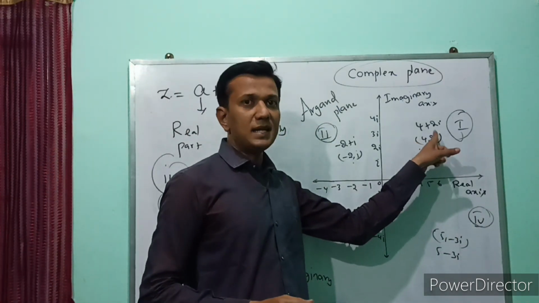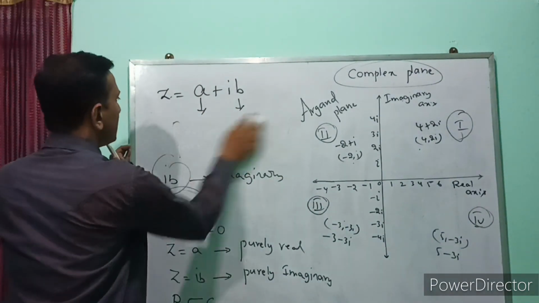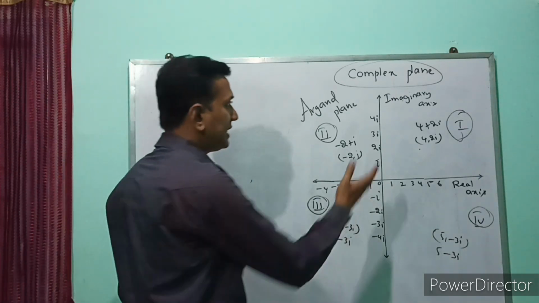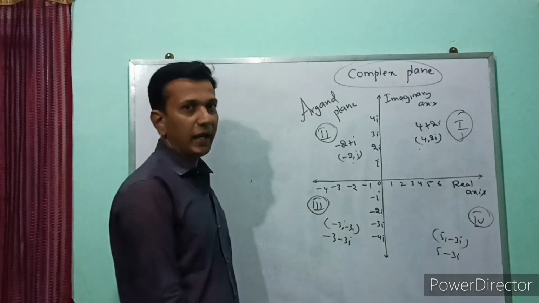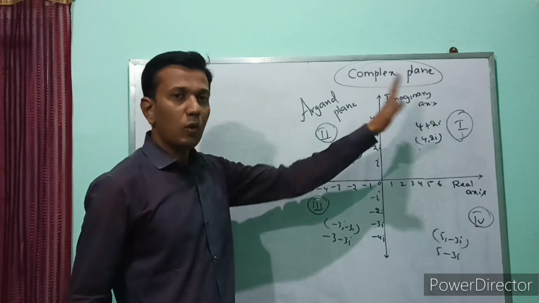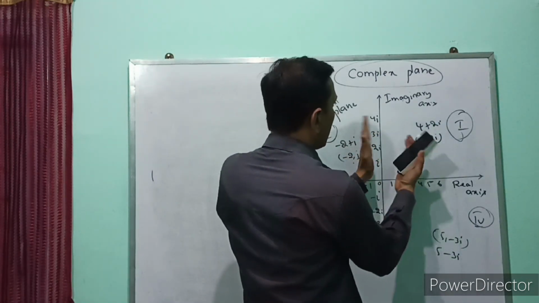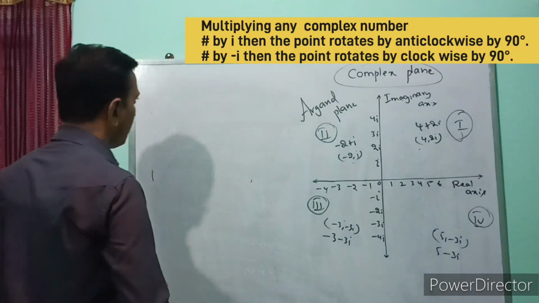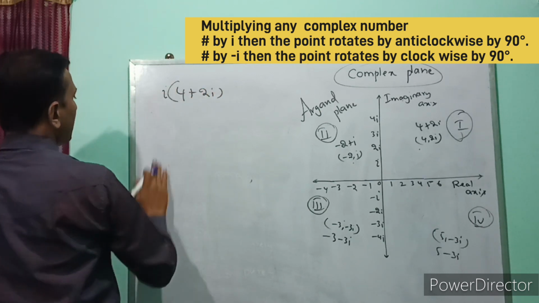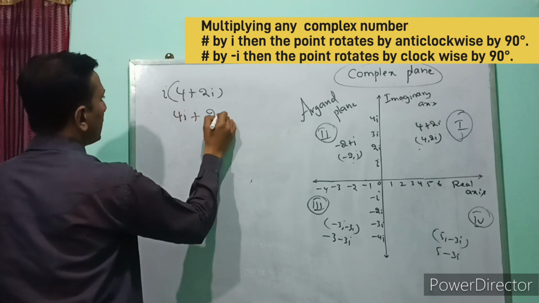Suppose I multiply these complex numbers with i, another imaginary number. Then this point will shift its coordinate. That means this point will change the quadrant. How will it change? It will change in the anti-clockwise direction by 90 degrees. So suppose 4 plus 2i is taken, multiplied with i. i into 4 is 4i, i into 2i is 2i square.